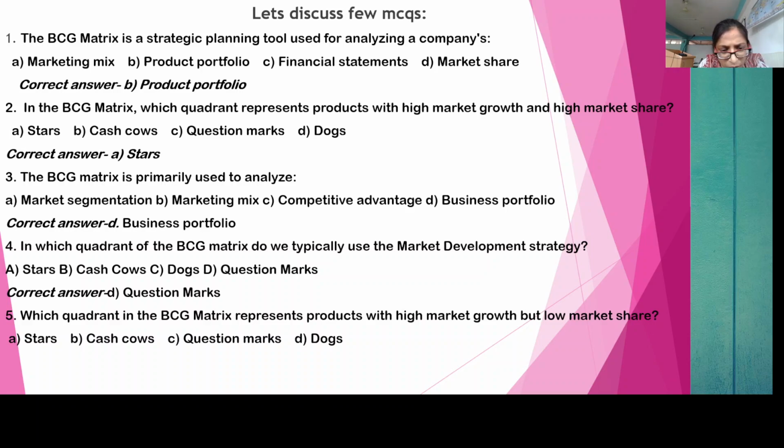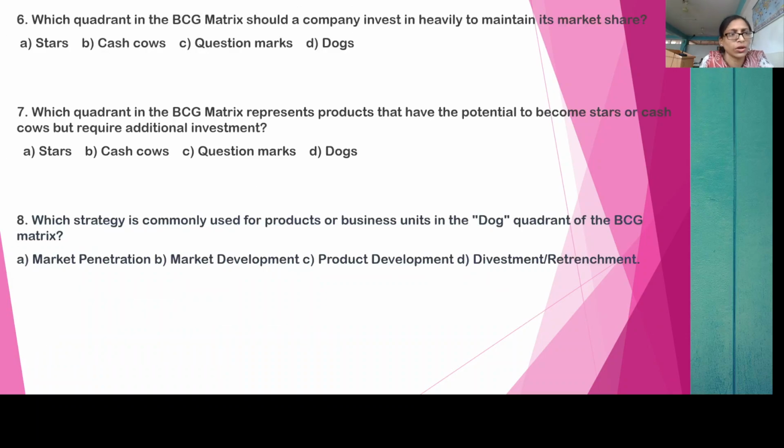Which quadrant in the BCG matrix represents products with high market growth but low market share? Of course, question marks. Next, which quadrant should a company invest in heavily to maintain its market share? This is our stars.